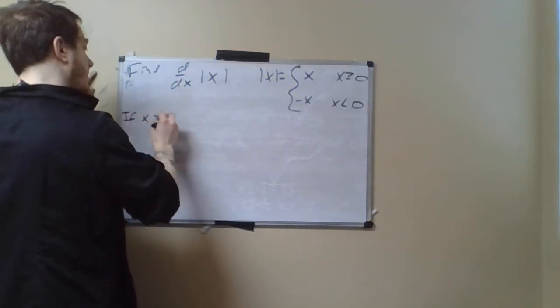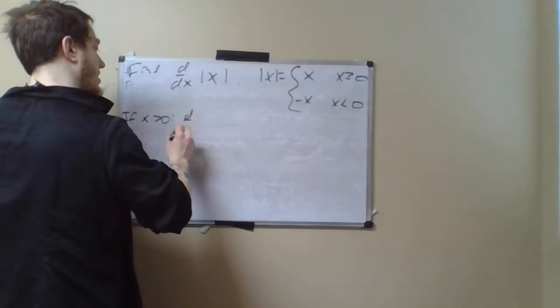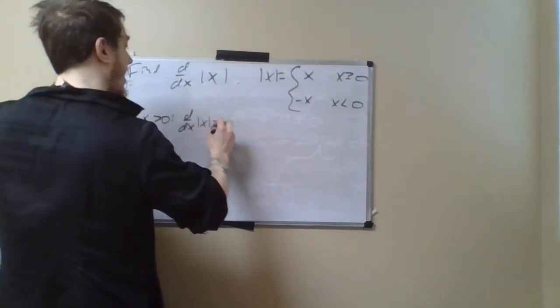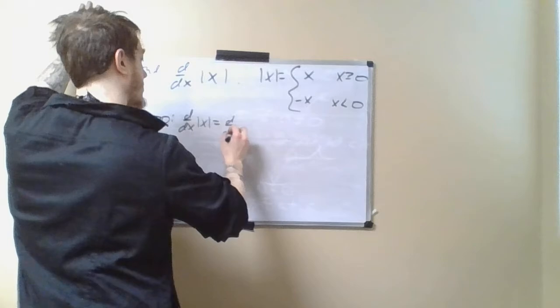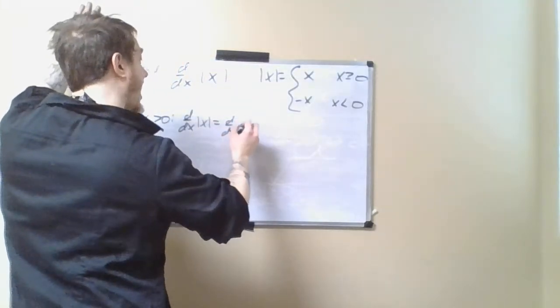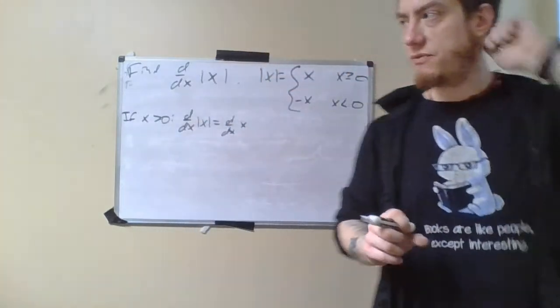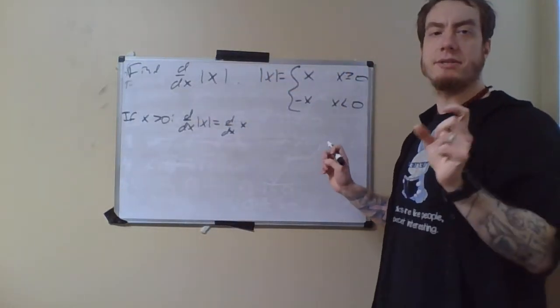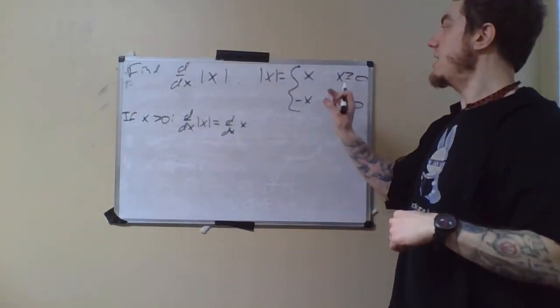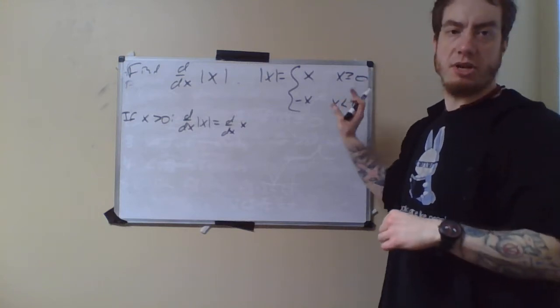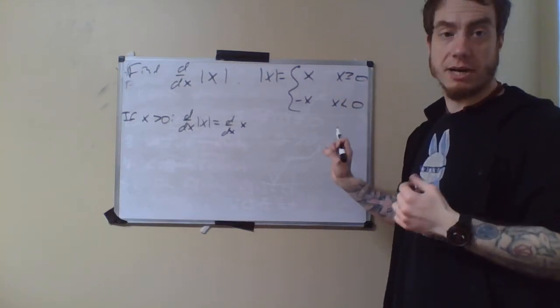if x is bigger than 0, then the derivative of the absolute value of x is just going to be the derivative of x, because notice that the derivative doesn't depend upon the function in general. It only depends upon the function in some small open interval around the point we're interested in.